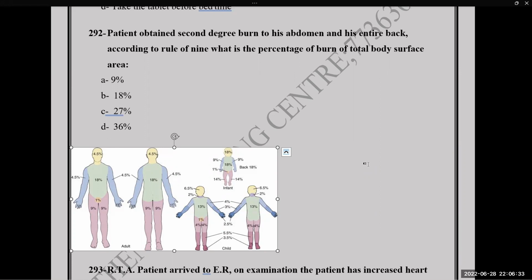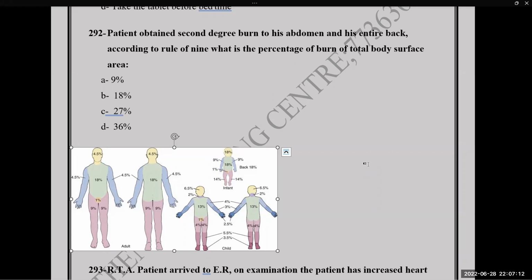Right hand, how much will it be? 9. Right leg, it is 18. So 9 plus 18, 27. Plus upper chest. So total chest is 18, so half upper chest is 9. So total it becomes 36. Yes, exactly. So total it becomes 36.